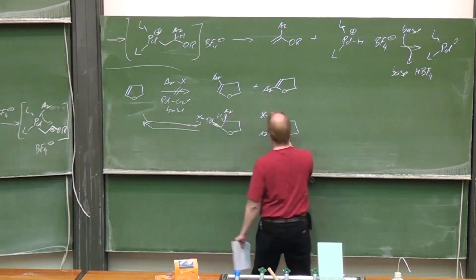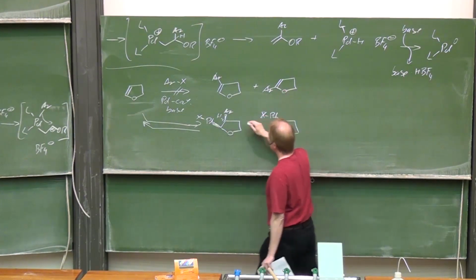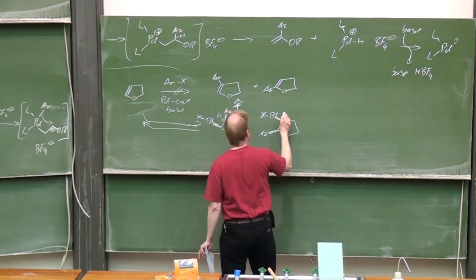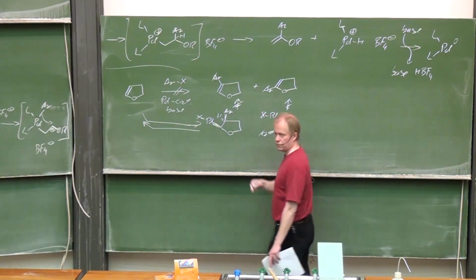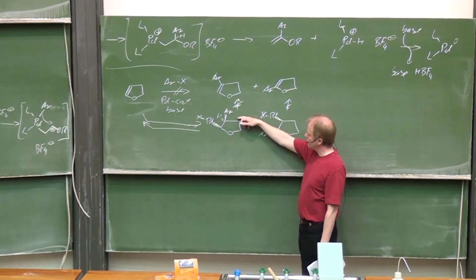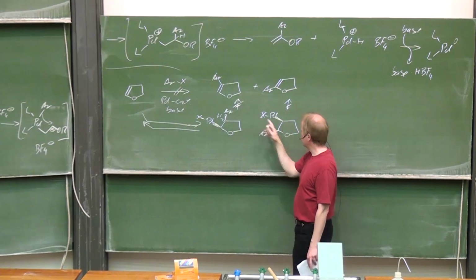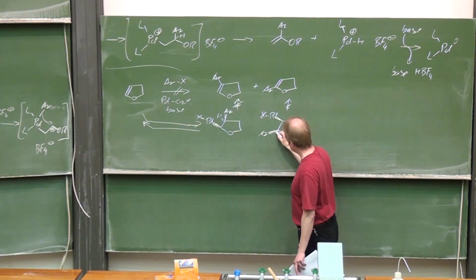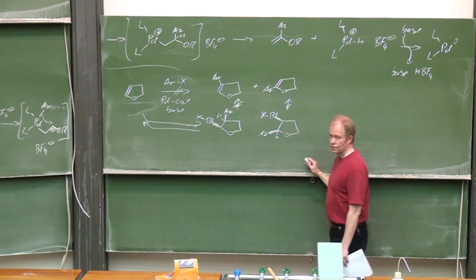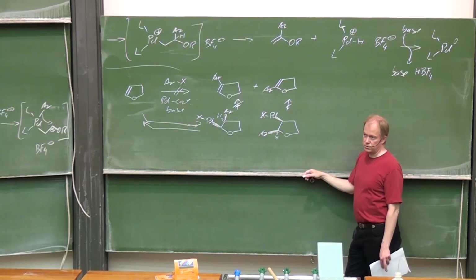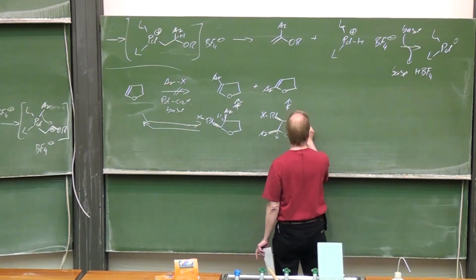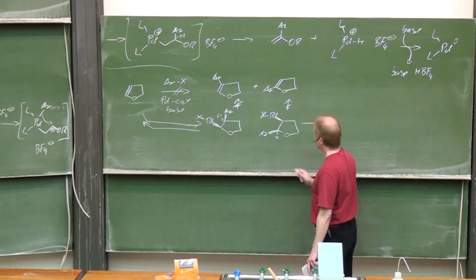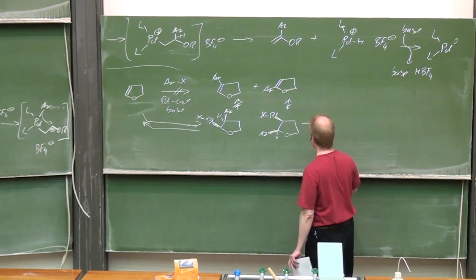And again, to get to this one is not possible, for the same reason as this transformation is not possible, because the hydrogen here is in a trans position. So, beta hydride elimination will occur to this position.